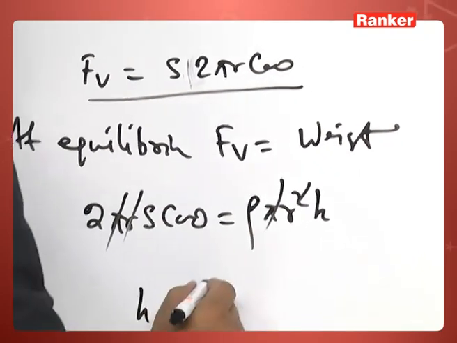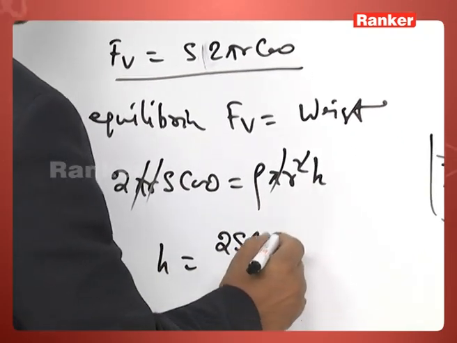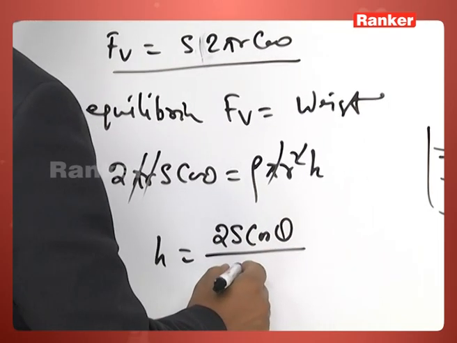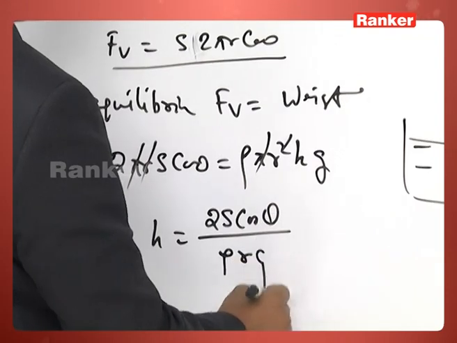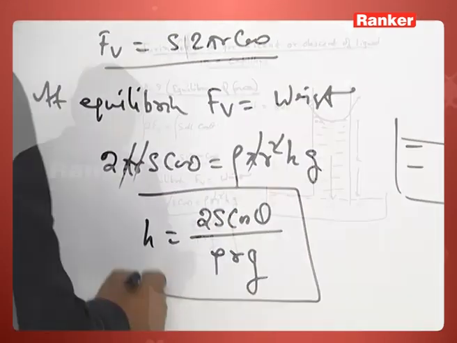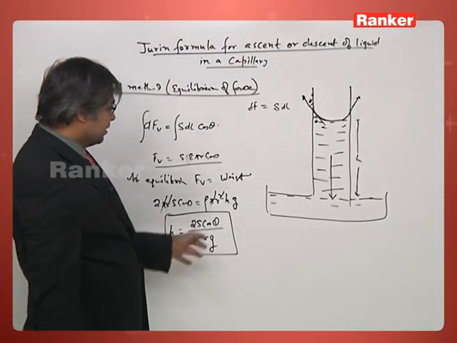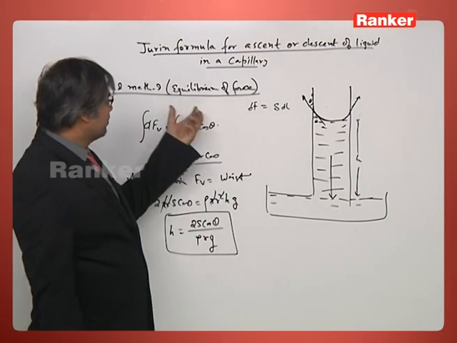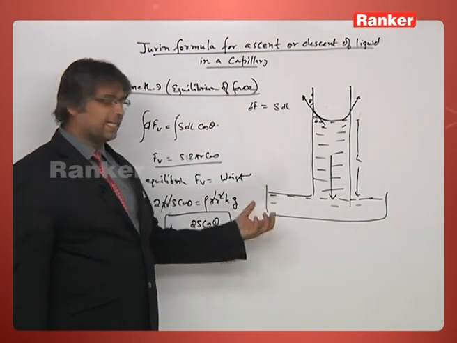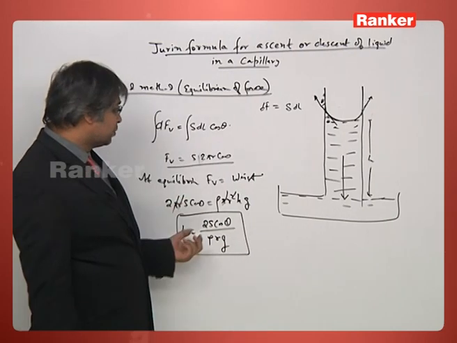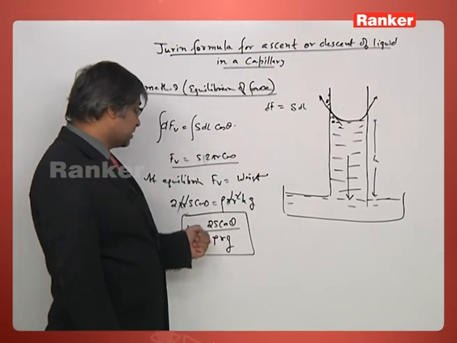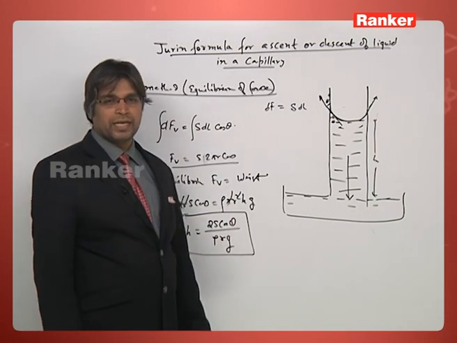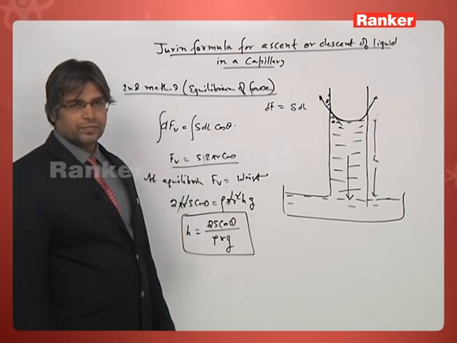So h is equal to 2s cos theta by rho r g. You see the force method, that is equilibrium of forces, also establishes the same Jurin's formula of the capillary rise, h is equal to 2s cos theta by rho r g.